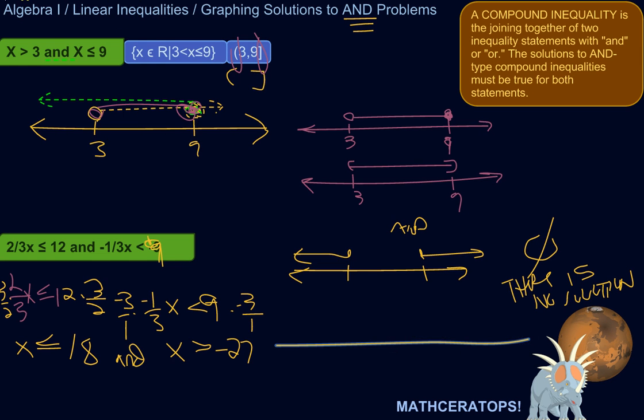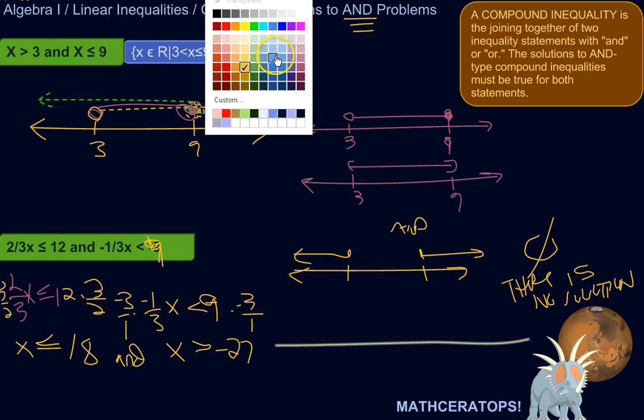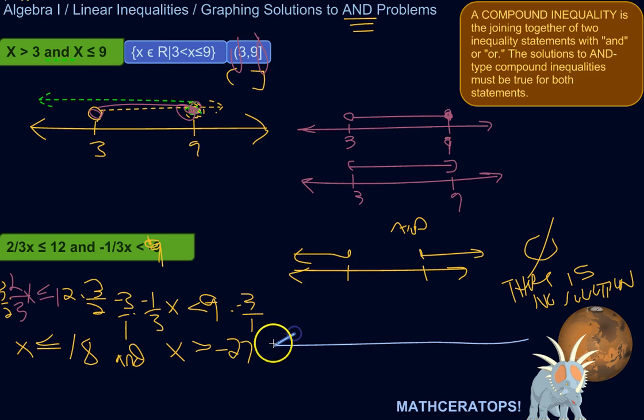So here's my number line. Now let's look at these key points. I've got 18 and negative 27, so smaller number goes to the left, 18. You don't need to mark every little tick mark or whatever. It doesn't matter. Okay, so x is greater than negative 27.